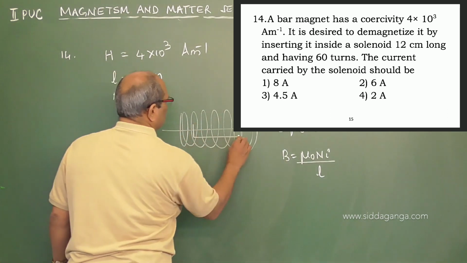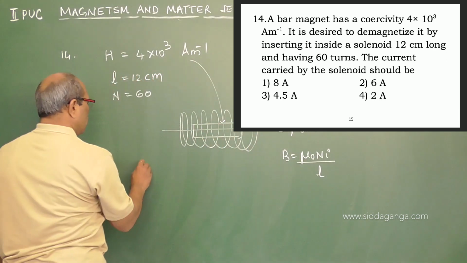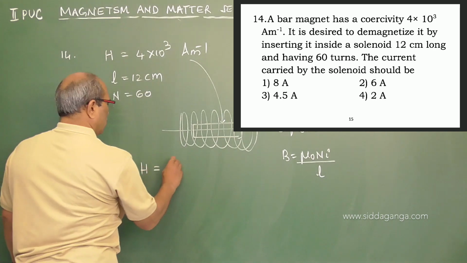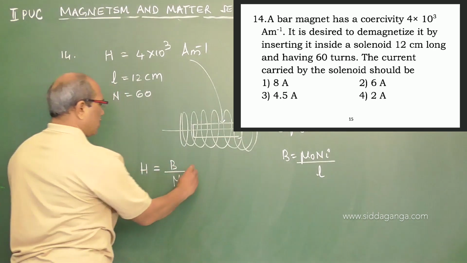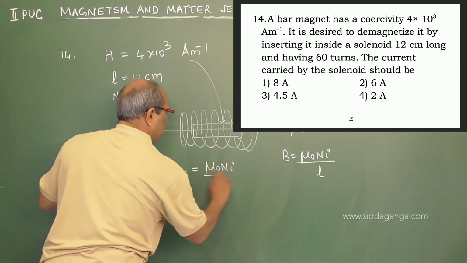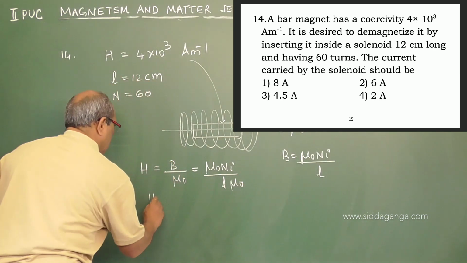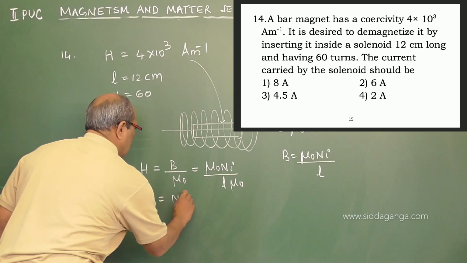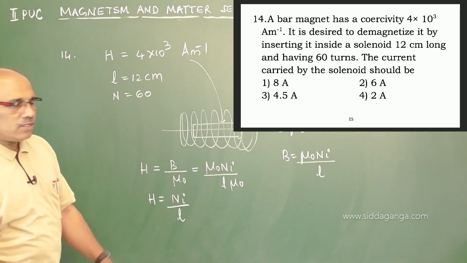The magnet already has a value of H. You know H is equal to B by mu naught, which is mu naught Ni by L into 1 by mu naught, so H is equal to Ni by L. I hope you followed here.